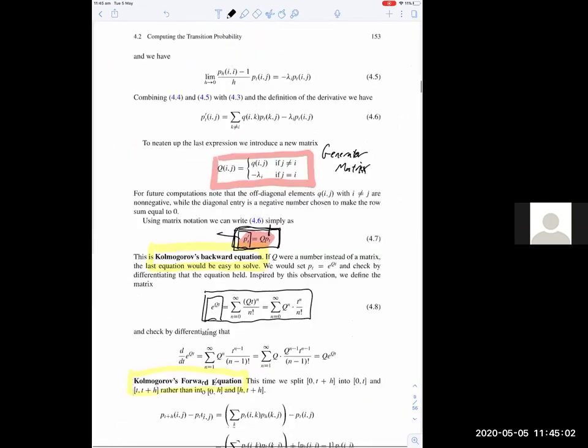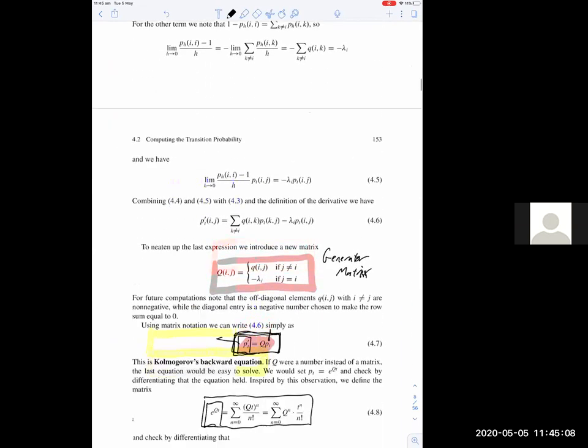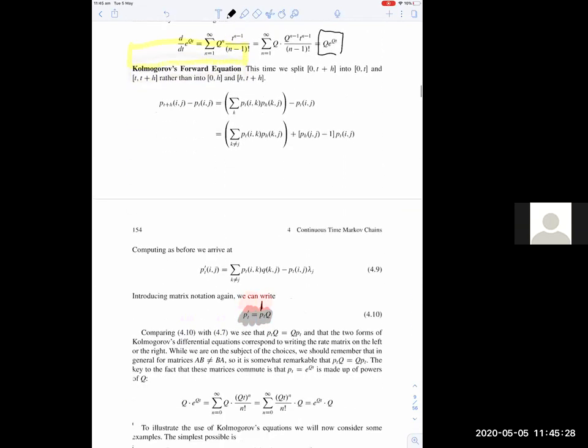But the good news is that when you're speaking about transition probabilities, the chance of going from state i to j, you get this. What was the analog in discrete time? It was simpler. You just took matrix powers. In discrete time, if you want the probability of going from state i to j in 20 time units, you took the transition probability matrix P to the power 20. Here you have matrix exponentials.